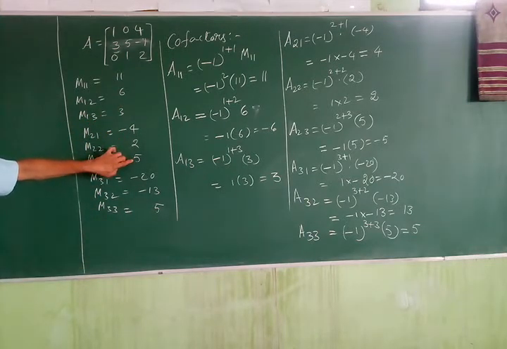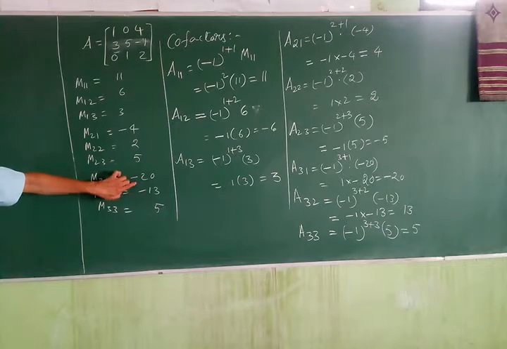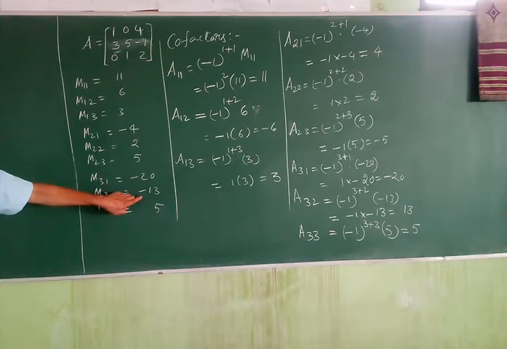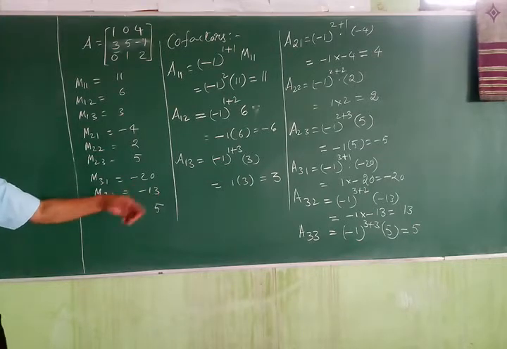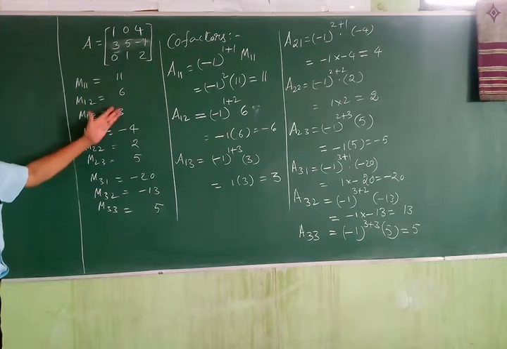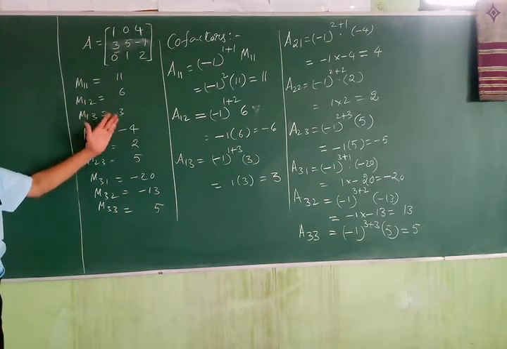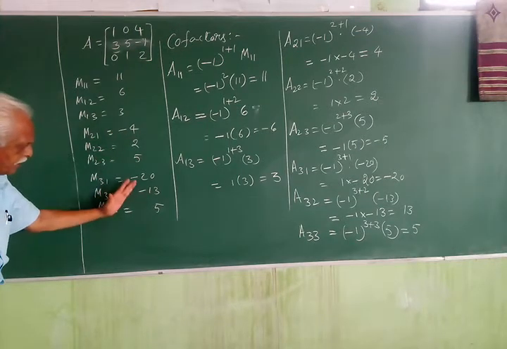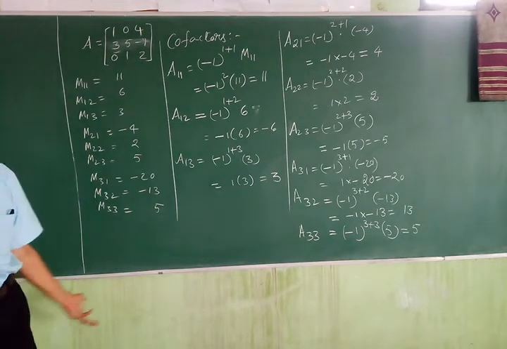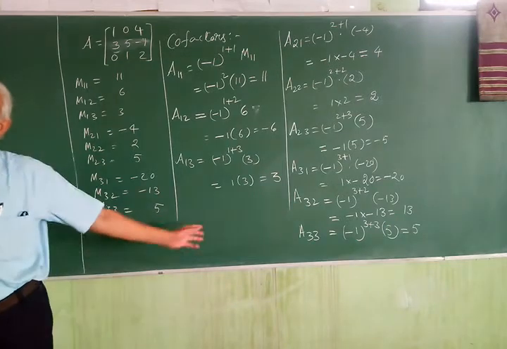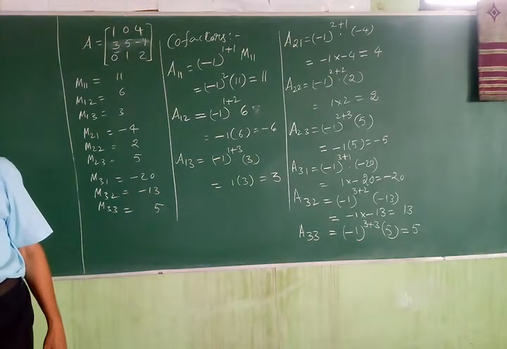Minus 5. Plus of minus 20 is minus 20. Minus of minus 13 is plus 13. Plus 5. Alternately give plus, minus, plus, and multiply, and you will be getting the values of the cofactors.